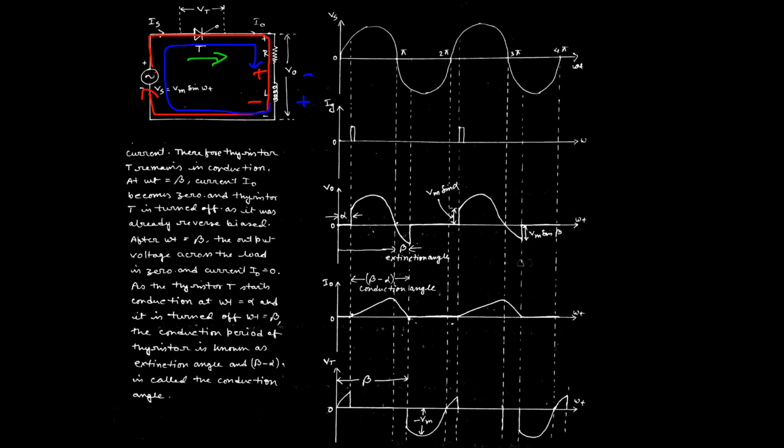When the current starts flowing in the circuit, the first voltage drop occurs across the resistance R. If we consider the current to be i0, that is i0 into R. The inductor is also there, and the voltage across the inductor is L di/dt. So we can say Vs, which is Vm sin omega t, is equal to i0 R plus L di0/dt.